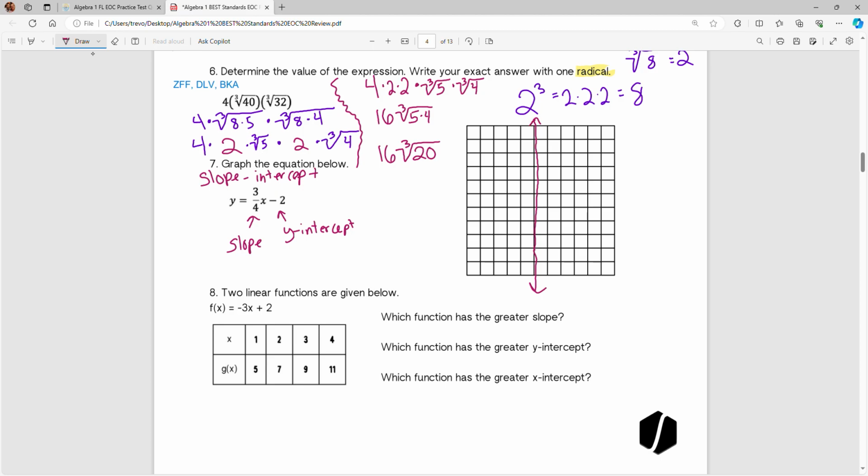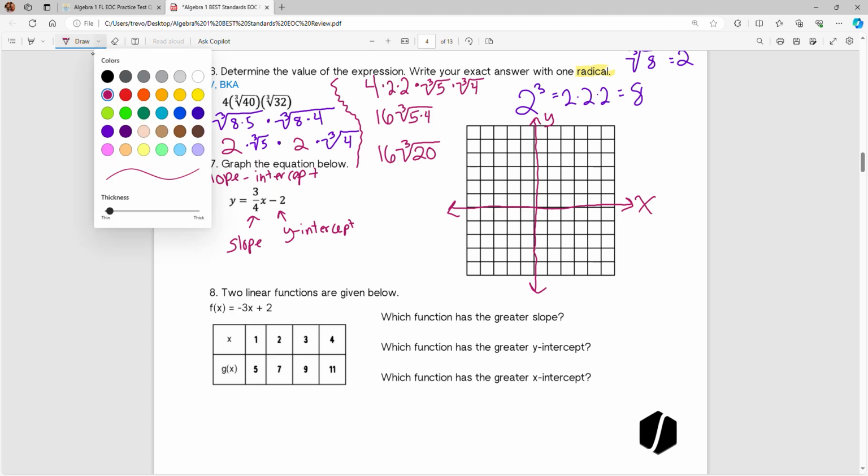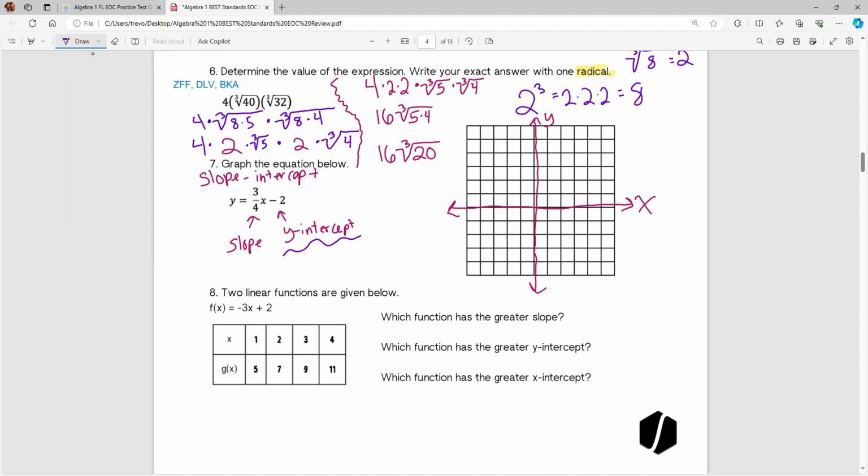Here's my y-axis. There's my x-axis. And I'll use another color. I'll use that purple. Y-intercept is at -2, so down by 2.